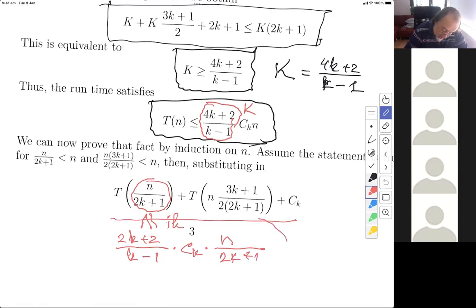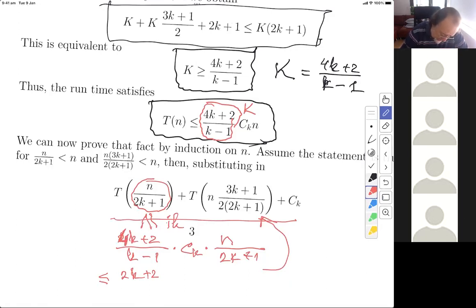And this guy here is by induction hypothesis smaller or equal than, sorry, it's not 2k, it's 4k plus 2 here.